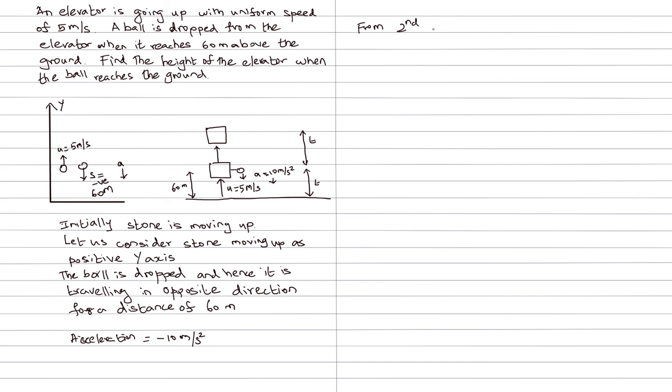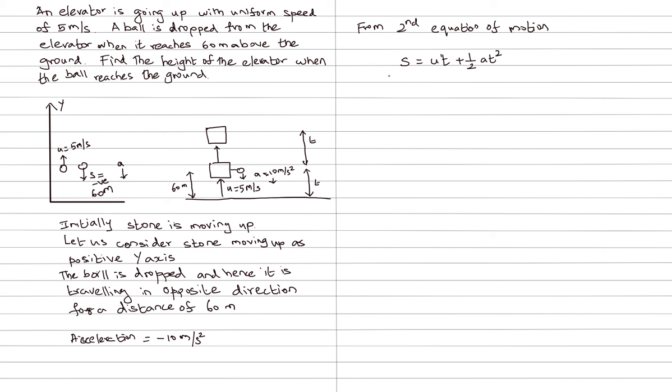So let us take the second equation of motion. What is the second equation of motion? S equal to ut plus half a t square.